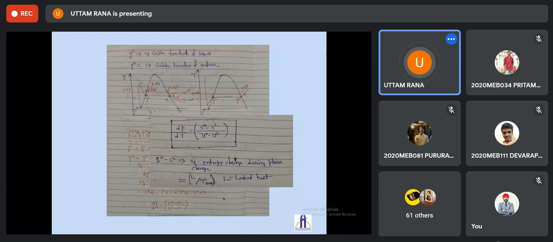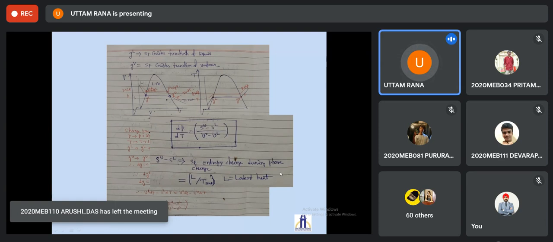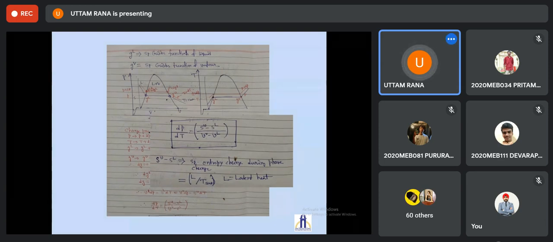Now, SB minus SL, what is this? This is the specific entropy change during the phase change process. How can we correlate this with the supplied heat? What is the entropy change during a reversible process? During a reversible process, delQ is equal to TdS. delQ is the supplied heat, supplied at a temperature T, and during this process the entropy change is dS.